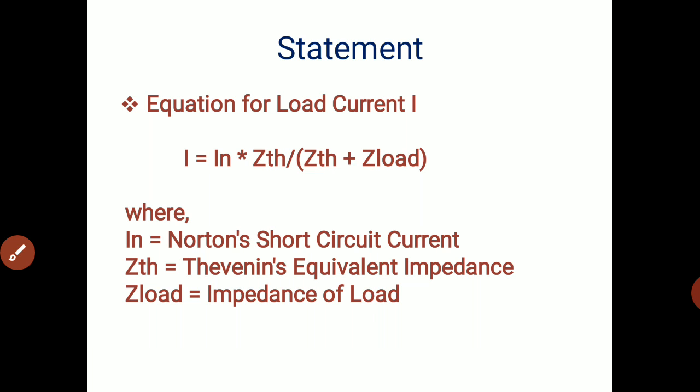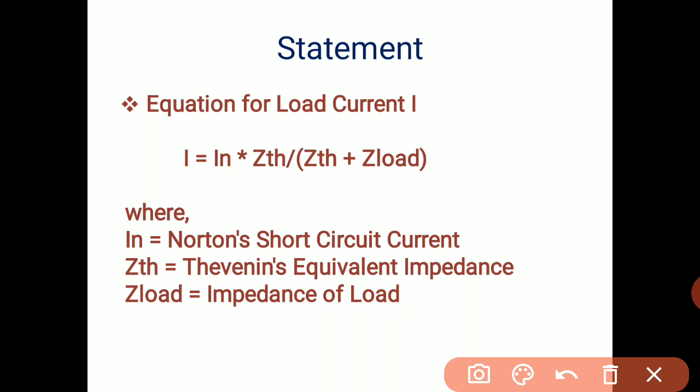Here is the equation for the load current IL. Load current IL equals IN multiplied by ZTH, or we can say Zn, both are the same as we discussed earlier, divided by ZTH plus Z load, where Z load is the load impedance.